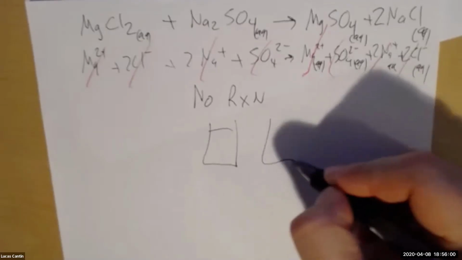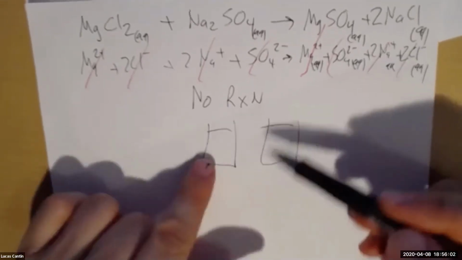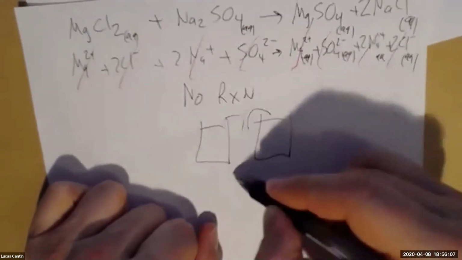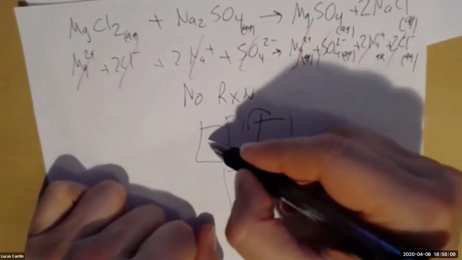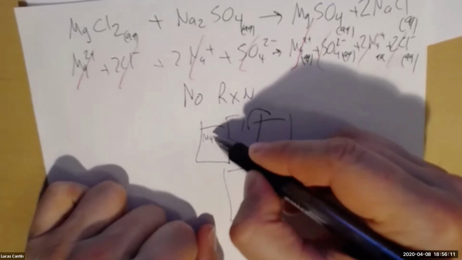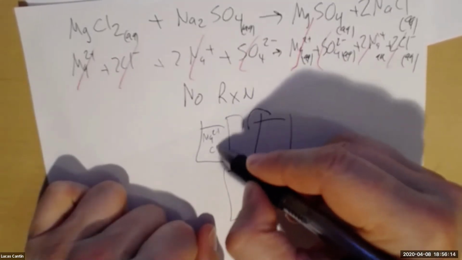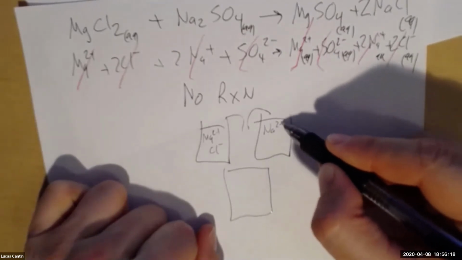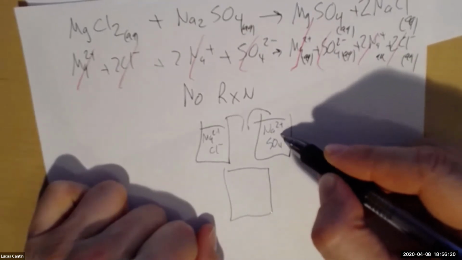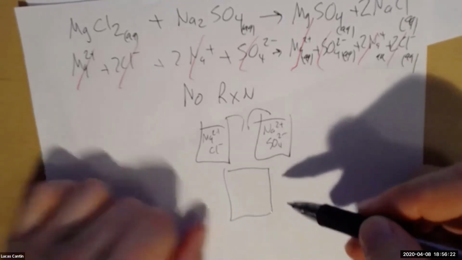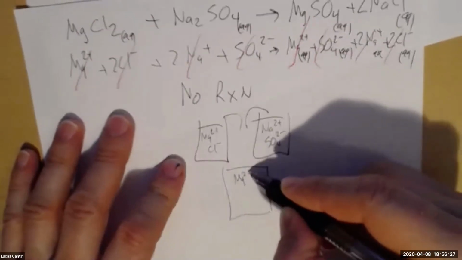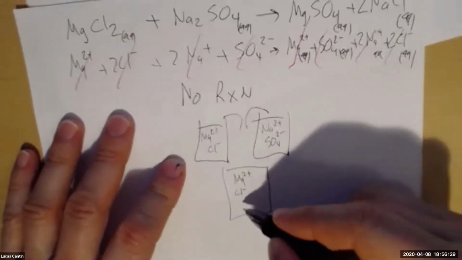I have 2 liquids, and I mix them, and there's no neutralization, so I pour them together into one thing. And so this has magnesium ions and chloride ions floating around, and this one has sodium ions and sulfate ions floating around. And when I mix them together, I just have all 4 of those ions floating around. There's no actual reaction happening. Okay. There's no change.